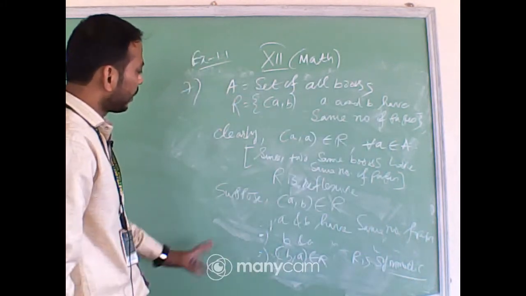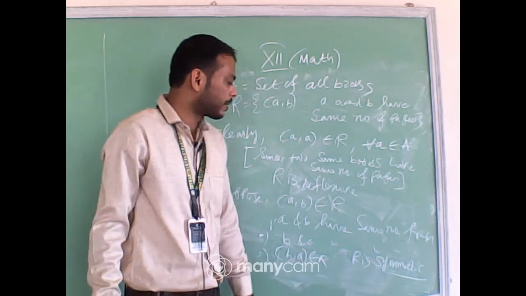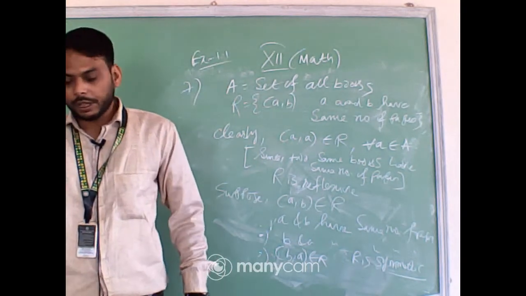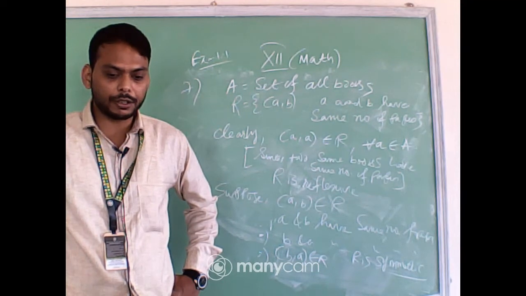So R is reflexive and R is symmetric. One more part is left. We have to check the transitive property also.